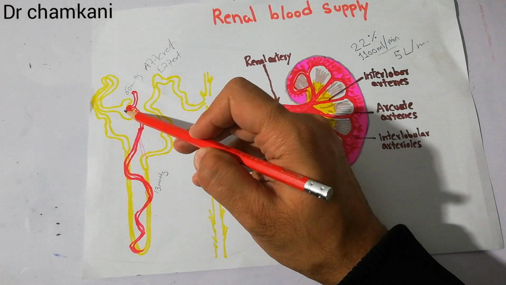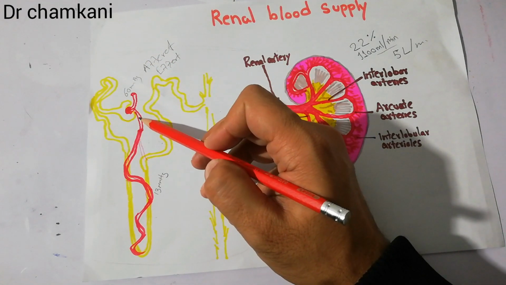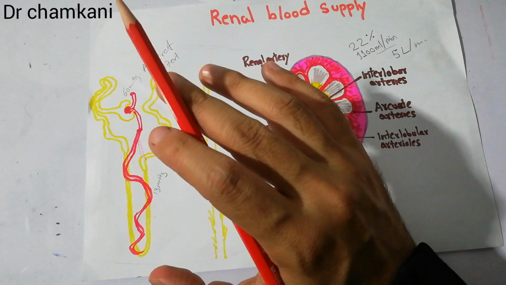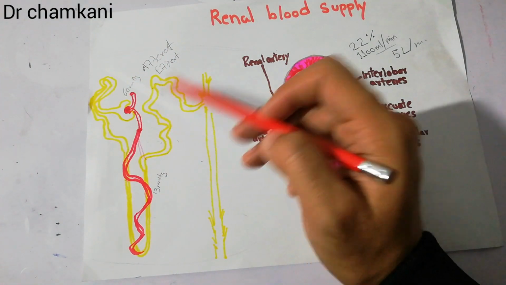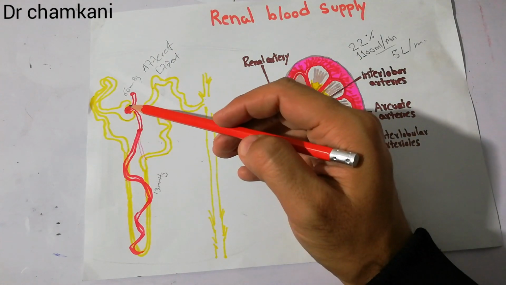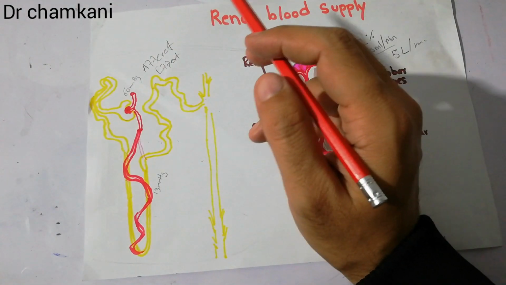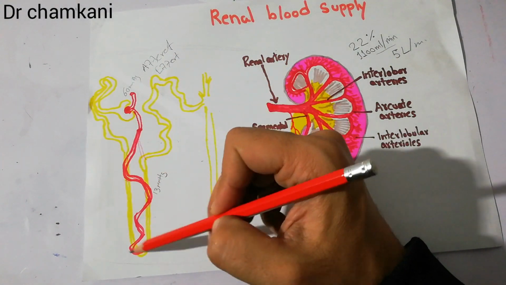Here we have the glomerular capillaries. These capillaries then form the efferent arterioles, and the efferent arteriole then forms the peritubular capillaries once again. It is a special structure, because normally once the capillary beds have been formed, they empty into the venous system. But here the glomerular capillaries make the efferent arteriole, so they are not making the venous system. Here they directly make another capillary bed, and this capillary bed surrounds the tubules.